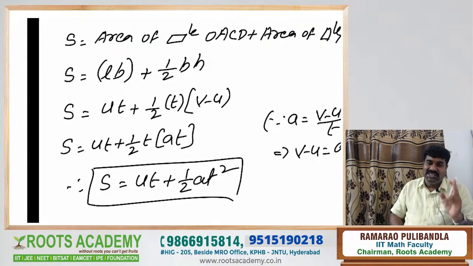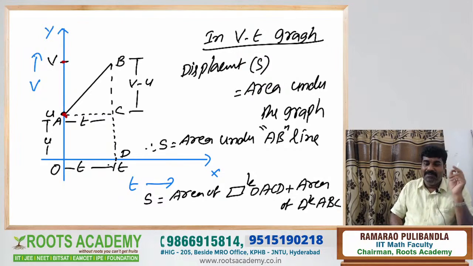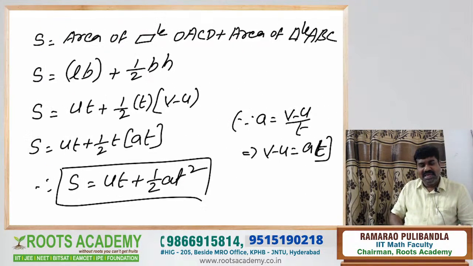So in the velocity-time graph, displacement is the area under the line AB. What is the area under the AB line? Area of the rectangle plus area of the triangle. Area of the rectangle is length into breadth. Area of the triangle is half base into height.